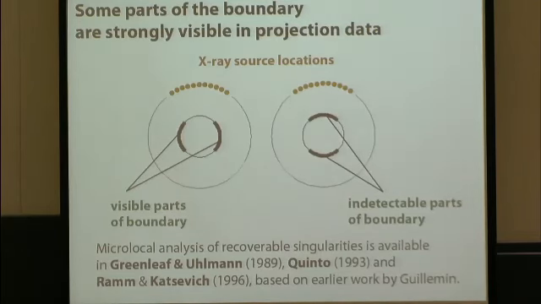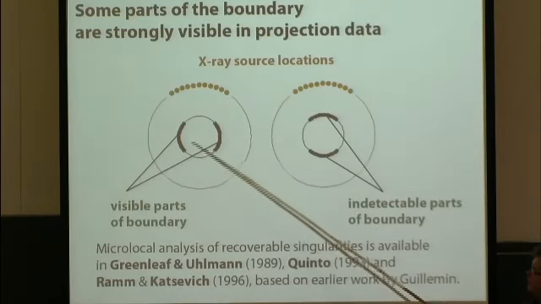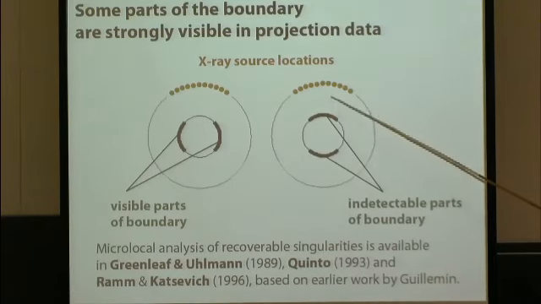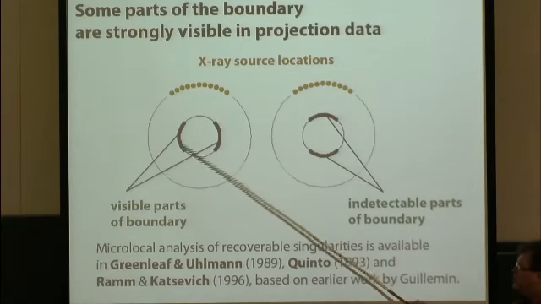Actually, the results by Greenleaf and Uhlmann, and later also discussed by Quinto, and concrete estimates by Ramm and Katsevich, explain that if we have X-ray sources here and our detector is here, then some singularities or jumps are visible and some are not. And the prolongation of the picture is in this direction. And in medical imaging, one is interested in detecting these jumps.